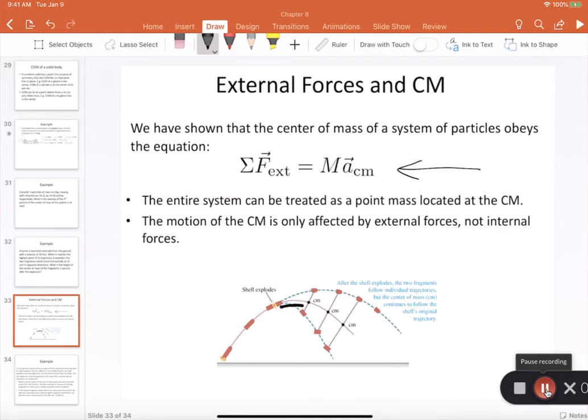So if internal forces change a system in some way, like if a solid object breaks up into a couple of different pieces, then the pieces might be traveling in different directions, but the center of mass of all of those pieces will just proceed as if nothing happened. All right? Okay.